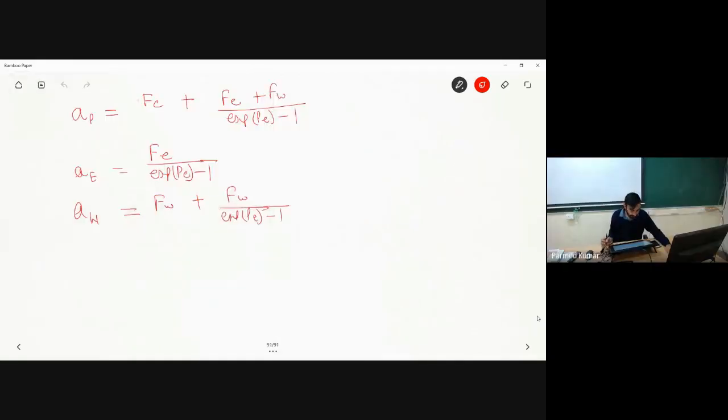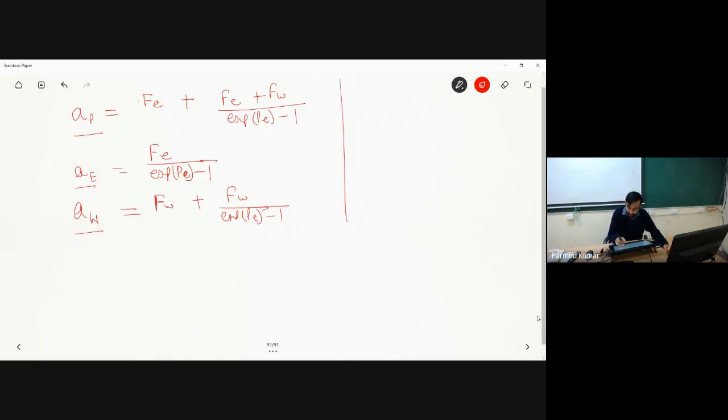Okay. So now we have got AP, AE, and AW. From these expressions, one important thing you can see over here: these expressions are derived by considering the exponential variation between the grid points.